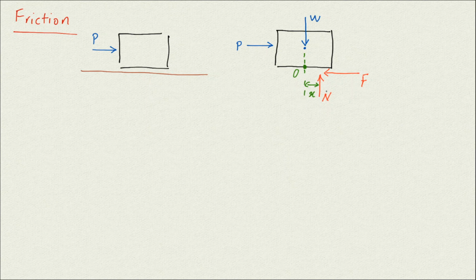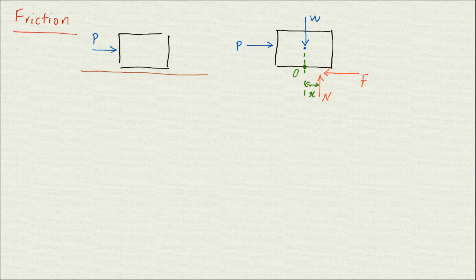The reason for that is if the N is going to be underneath of the W, and assume we write the moment about point O. The W goes through point O, the N goes through point O, and F goes through point O. So none of the W, N, and F would have a moment, and then the P has a moment about point O and causes the box to tip.